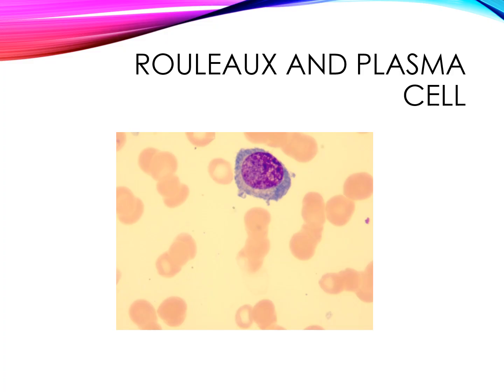So plasma cells are in fact part of the lymphoid line. They have a very specific job in terms of our immune response. But when we look at these patients with multiple myeloma, we're going to see a lot of circulating plasma cells. We're going to see even more plasma cells in the bone marrow. And this is a picture of a plasma cell.